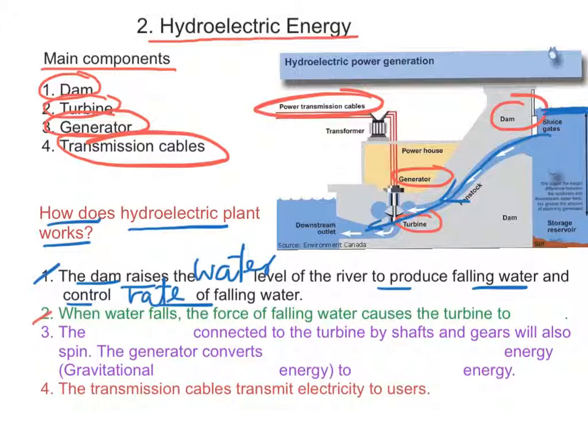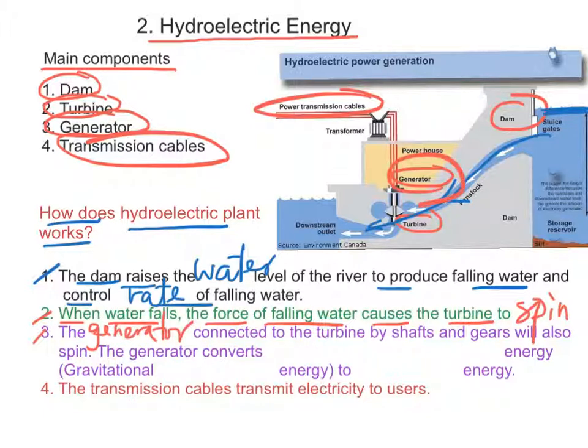Second, when the water falls, the force of falling water causes the turbine to spin. Third, the generator connected to the turbine by shafts and gears will also spin.